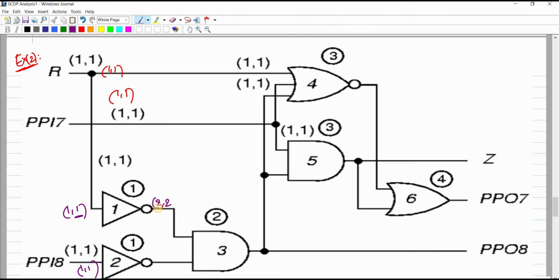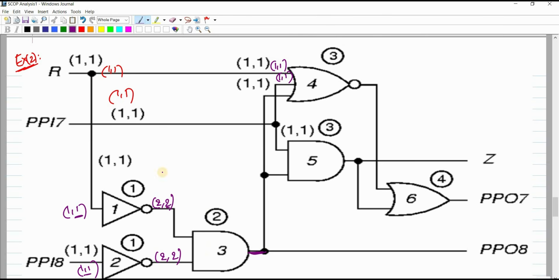That means combinational 0 controllability and combinational 1 controllability is 2, 2 for the NOT gate. Here also 2, 2. Why? Because 1, 1 is the default input for this NOT gate. Here 1, 1. Here 1, 1. So here 2, 2, 2 are the combinational 0 and 1 controllabilities of the AND gate.